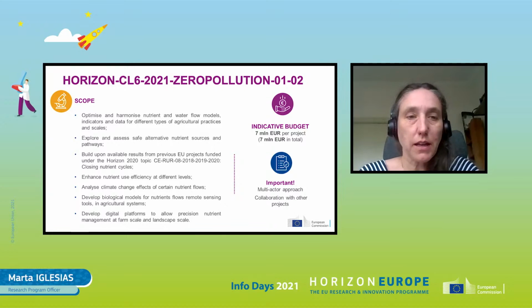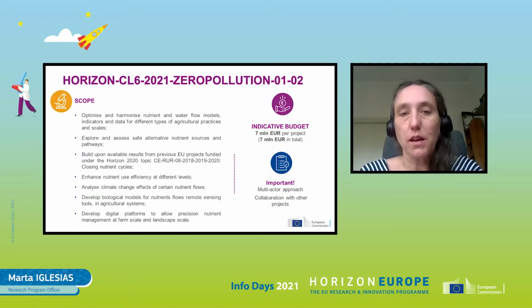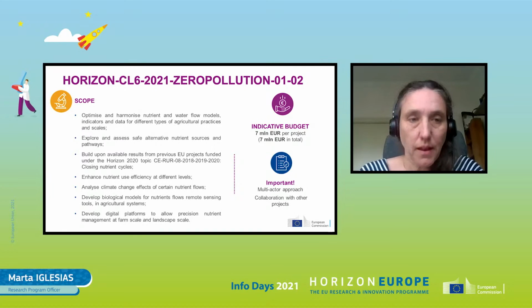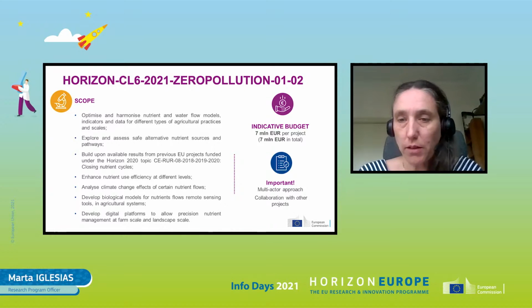Finally, the proposals should also analyze the climate change effect of certain nutrient flows, including the interaction between water, nutrient, and carbon cycles. It is expected that the proposals will develop digital platforms to allow precision nutrient management at farm scale and landscape scale. They will also have to implement the multi-actor approach and ensure an adequate involvement of the farming sector and, as relevant, bio-based industries in rural areas.